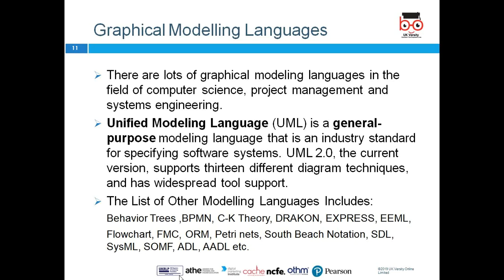So again, UML is one of the modeling languages, which is a kind of industry standard. UML 2.0, the current version, supports 13 different diagram techniques and has widespread tool support. So obviously there are diagramming techniques used in UML.